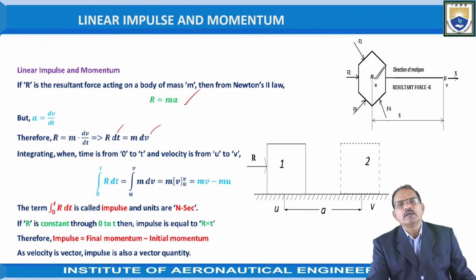The product of R into dt is called the impulse, and m dv represents the change in momentum of the body. Here the force is acting on the body when it has initial velocity u as well as final velocity v.